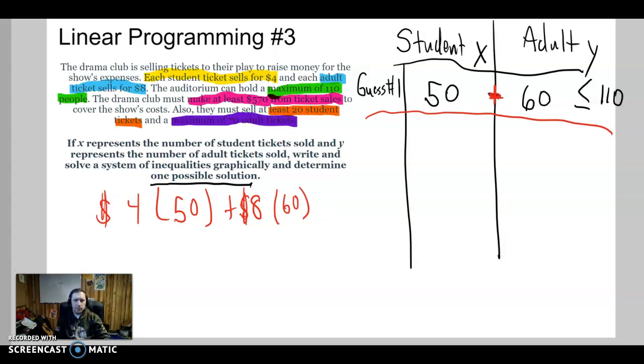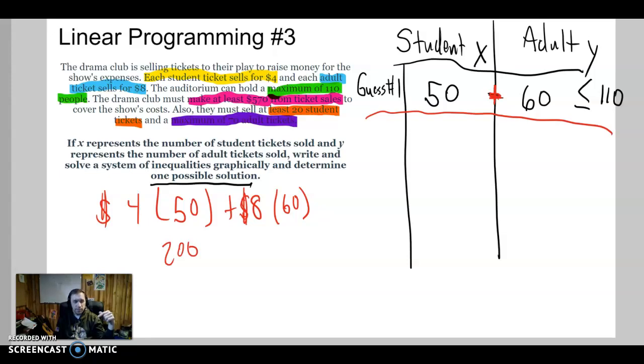So 4 times 50 is $200. 8 times 60, well, I do 8 times 6. I never get that one right. I know 7 times 6 and 7 times 7, but 8 times 6 always confuses me. So maybe sometimes I do something like, well, 6 times 10 is 60, so 8 less than 60 would be 7. Yep, that's how I do it. So 60 minus 16.